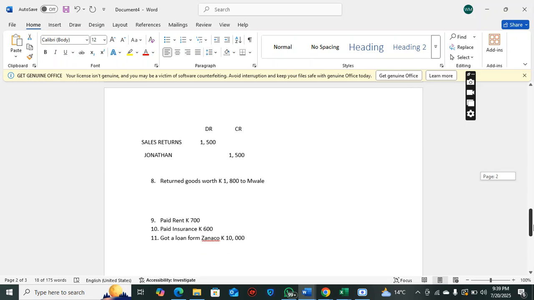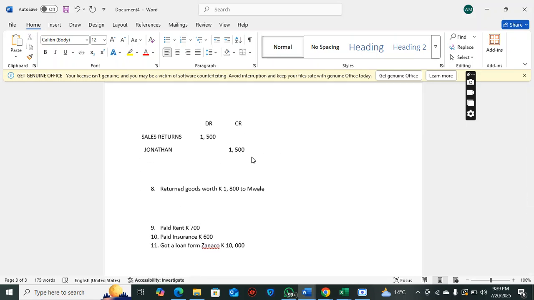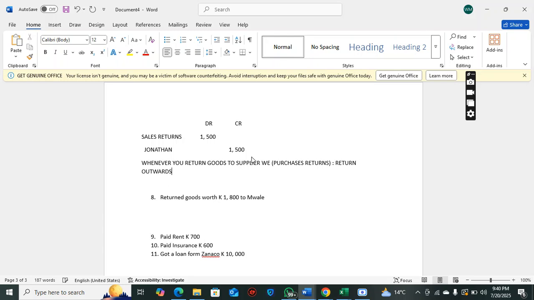So whenever you return goods back to your supplier, we call that purchases returns, or return outwards. This is a contra expense account.